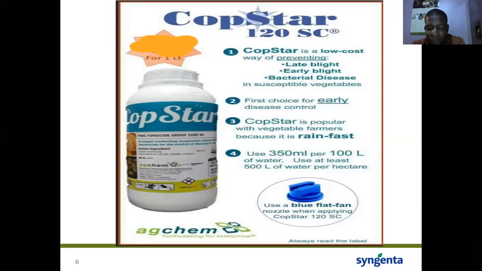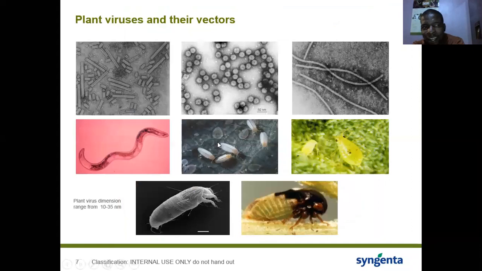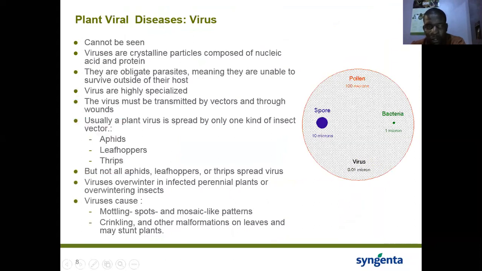So from the bacterial infections, we now move on to viral infections. Yeah, so we go on to viral infections and their vectors. Okay, so plants are also affected by viral diseases, and these viral diseases are incurable.